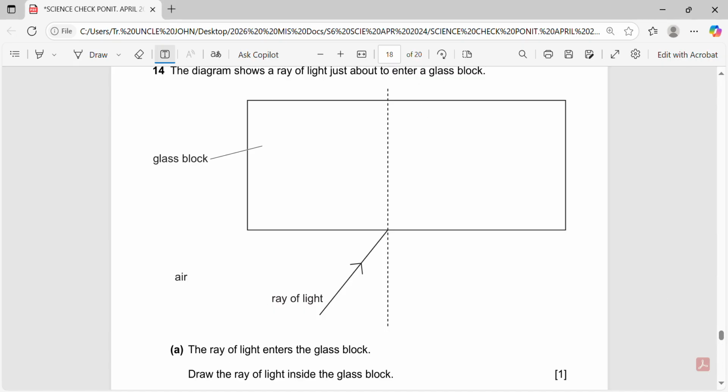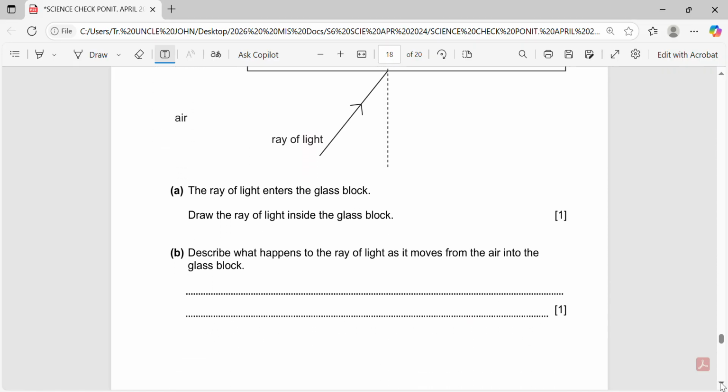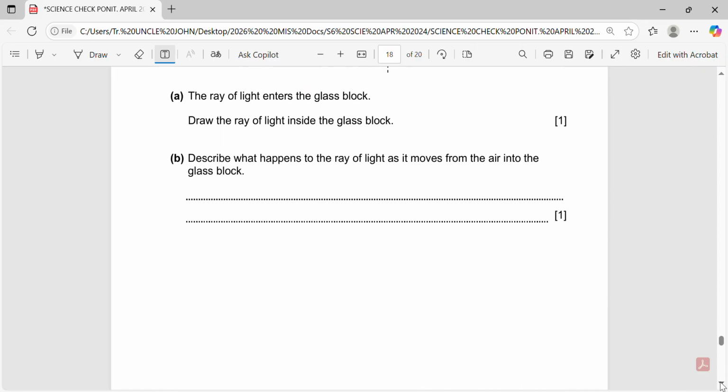Okay, so I've answered this one. We can continue with B. Describe what happens to the ray of light as it moves from the air into the glass block.